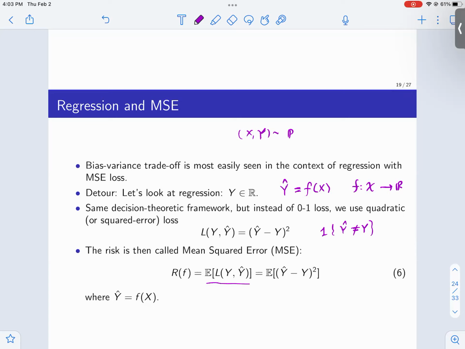Most likely in regression, you can't pin down the exact thing, so you don't want to be penalized that severely. This is more relaxed. If you're close, you pay a smaller loss. If you're far off, you're not doing well, so you pay a bigger price. It's a continuous loss varying as a function of Y hat. Okay, so that's the setting.